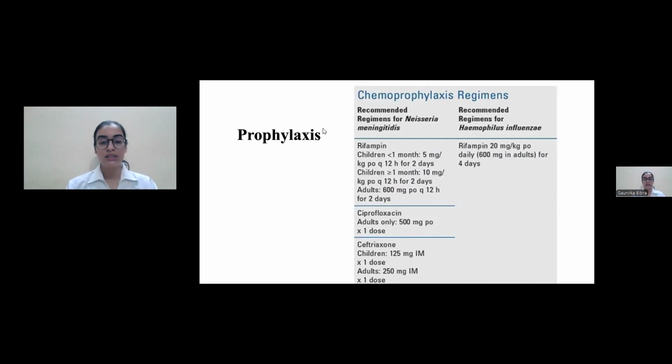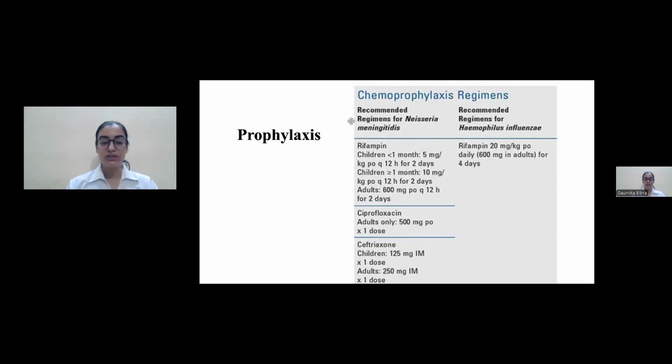We'll give rifampicin in children in both of these, and the doses are: for a child less than 1 month old, we will give 5 milligram per kg. For a child more than a year old, we will give 10 milligram per kg, and in adults we'll give 600 milligram in divided doses every 12 hours for 2 days.